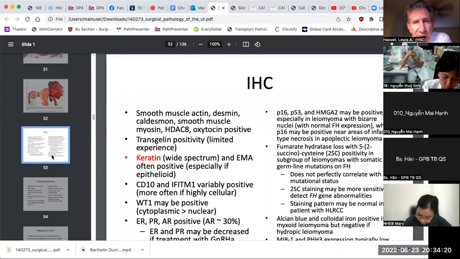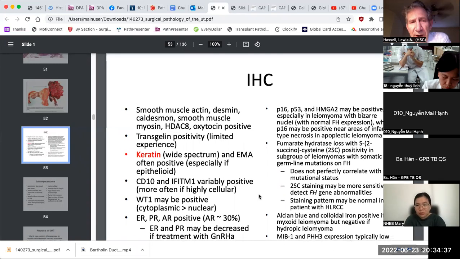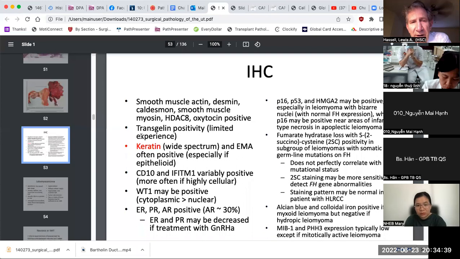Okay, well, in terms of immunohistochemistry, this is not usually a big issue, but sometimes for the uncertain ones or the malignant ones, occasionally you can get tripped up if you don't know a couple of important things. So for one, keratin, especially the pan-keratins and EMA, can be positive in smooth muscle tumors.